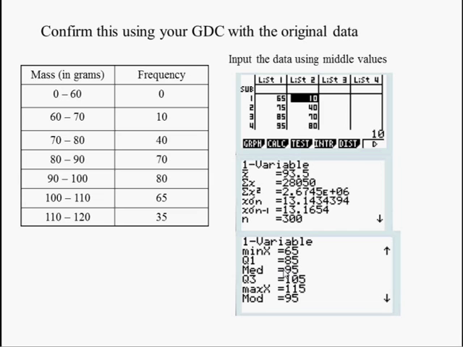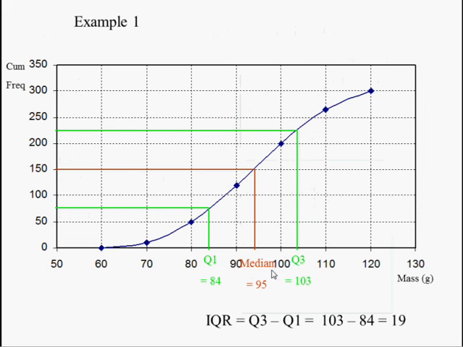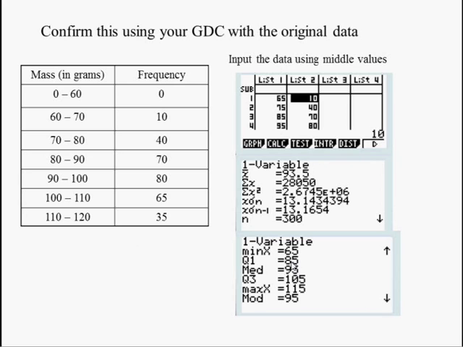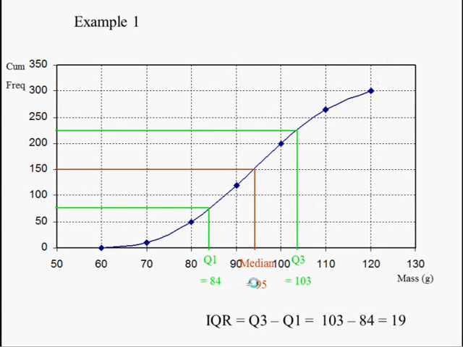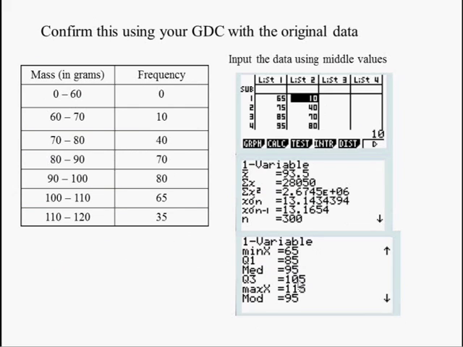So the median was 95, previously it was 95. The Q1 was 84, now it's 85, and Q3 was 103. And the calculator says 105, but it's in the same ballpark, right? So the difference is because it's with middle values rather than the interval here, and using values like this would be like a straight line rather than a smooth curve which we see on our graph.